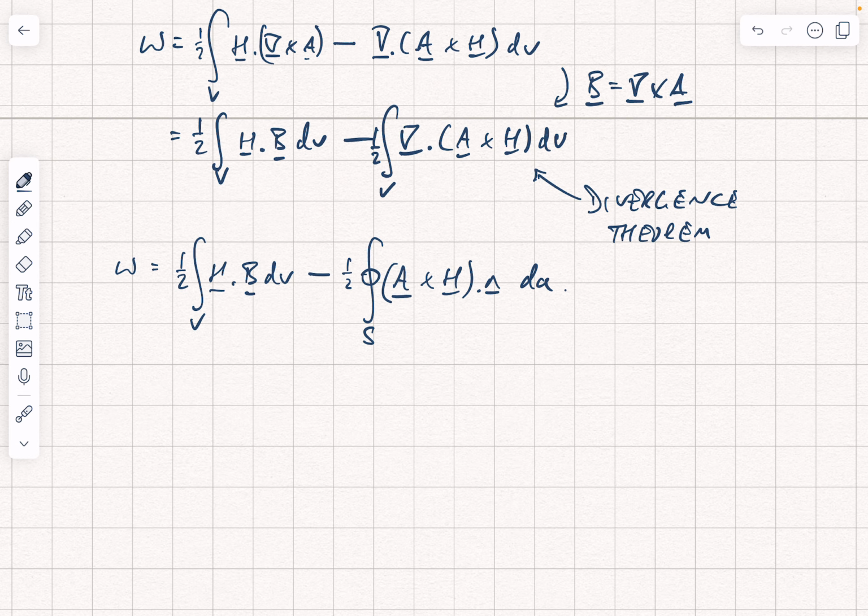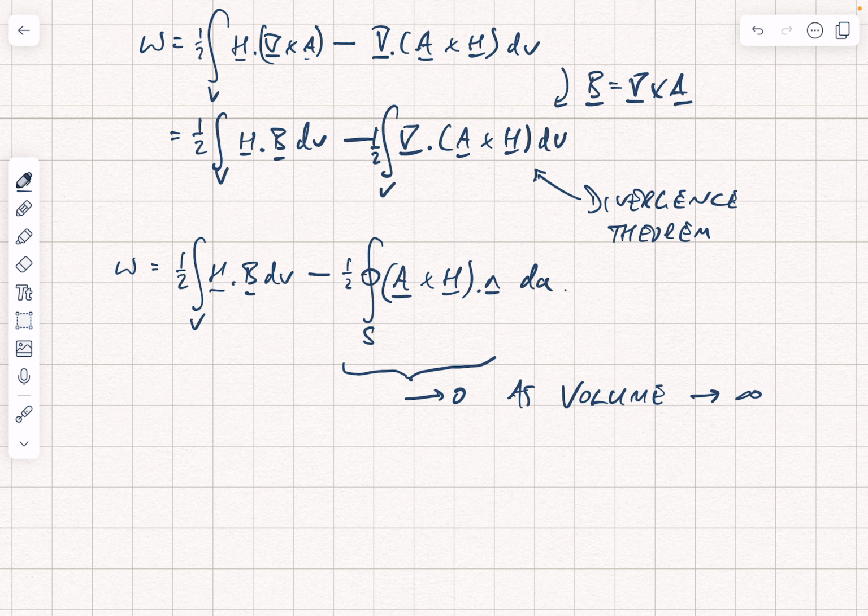And we're now going to use an argument which is essentially the same as the argument we used for the energy density in an electric field, to argue that this second integral will tend to zero as the volume we integrate over is taken to be large, essentially tends to infinity.